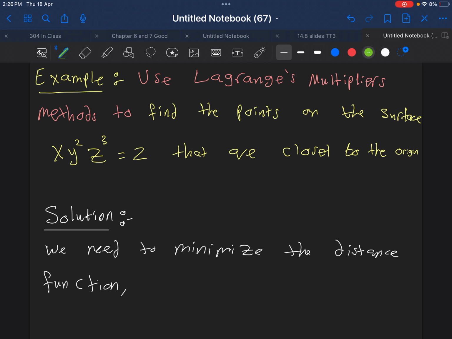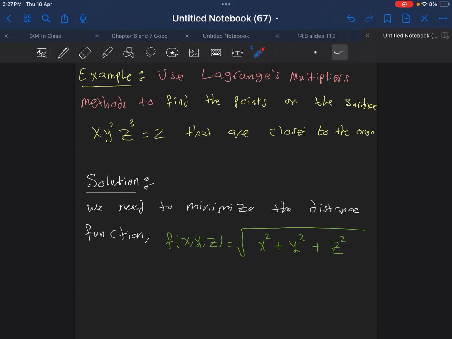Now what's the distance function? Let me also call it f of x, y, z. It is the square root of (x minus 0) squared plus (y minus 0) squared plus (z minus 0) squared, since it's the origin. Now, if you remember, when we deal with the distance, the minimization of the square root is the same as minimizing the function itself.